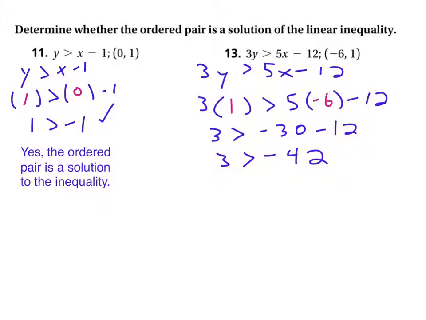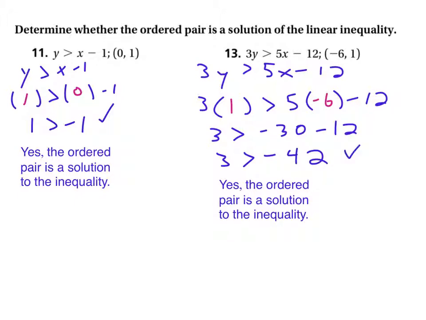So what I can do then is simply say, yes, this ordered pair is a solution to the inequality. And again, you can just write yes, or you can just write no. I'm going to give this a little check mark to show that it worked. Yeah, that's it, as long as it works.